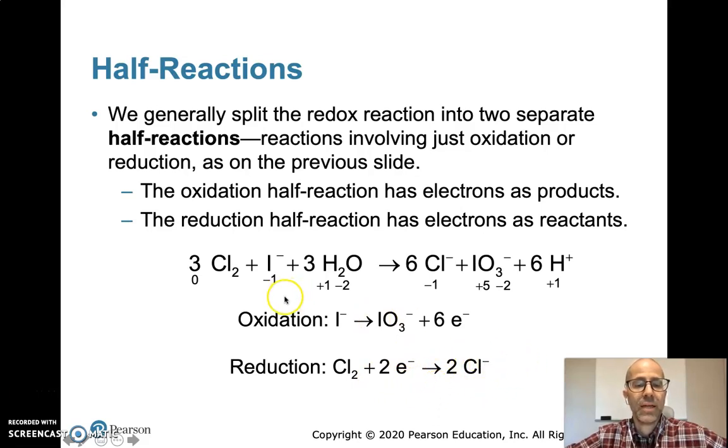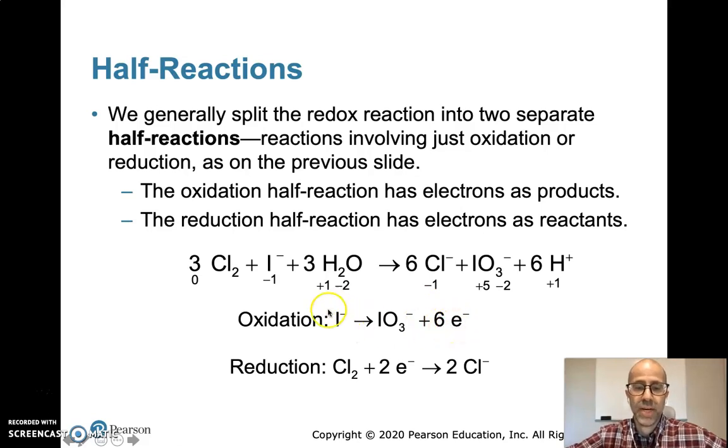Okay. And then for the oxidation, if you look here, you could see that iodine started with a negative 1 oxidation state. And now here, it ends up with a positive 5. So it's becoming more positive, so it lost electrons. So you go from iodide with a negative 1 on the reactant side, to iodate with a negative 1 on the product side, plus 6 electrons.